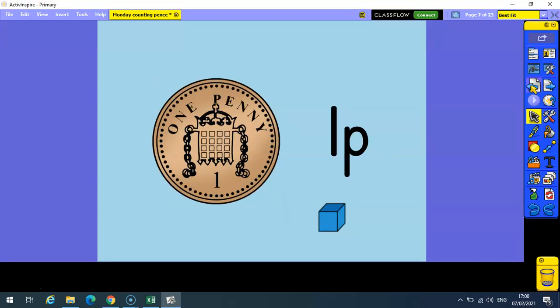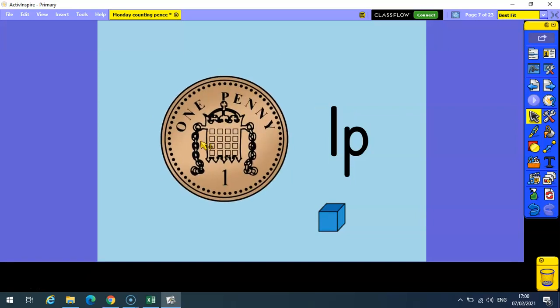But something else is really interesting about the 1p and the 2p is that the material that they're made out of is copper. Now, copper is not worth as much as silver and gold. So it's a clue to us, this is a small amount of money, it's copper.